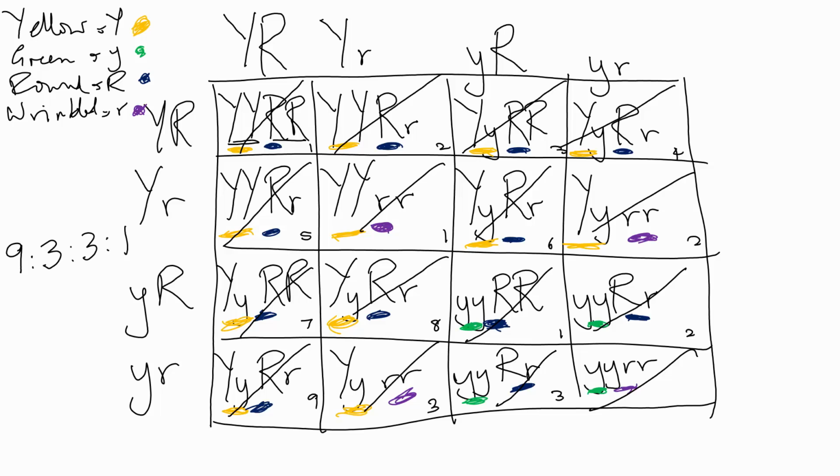So that is how we come up with a dihybrid cross, and we find the ratio of 9:3:3:1 when we cross the generation that is a hybrid.